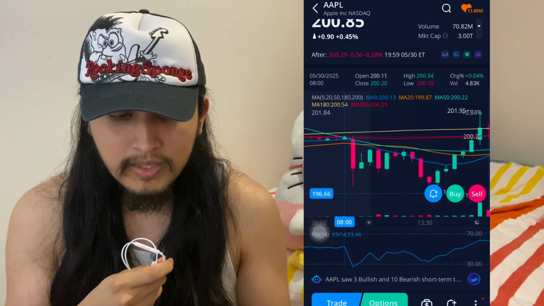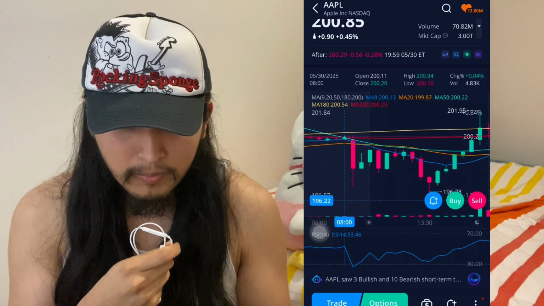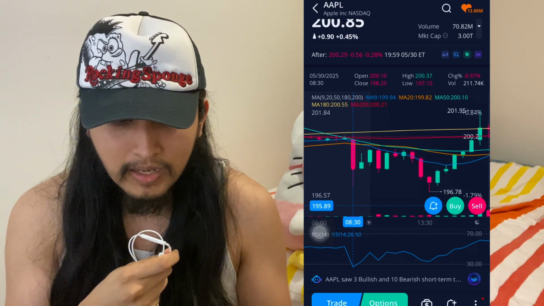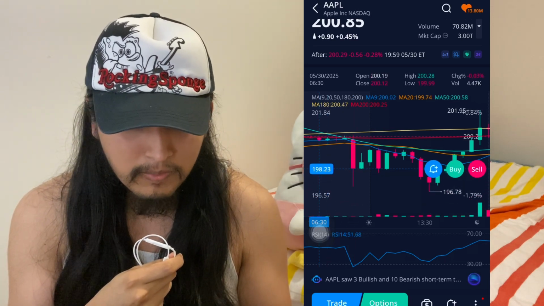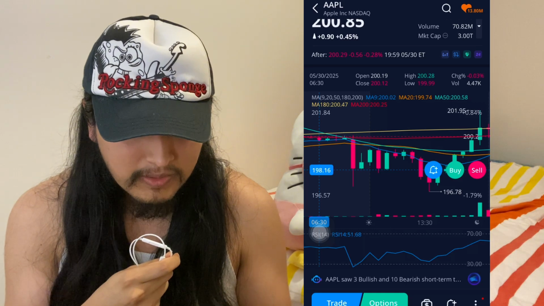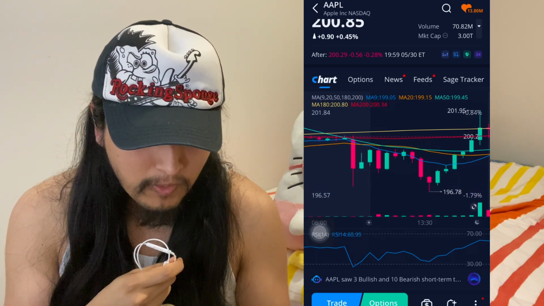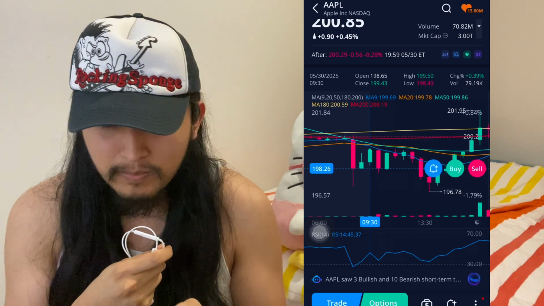I wouldn't count this long wick candle on the 8:30 candle where it says 197.10. I would just look at it this way. I'm not sure if you guys can see it, but it says 198. That's the support level.